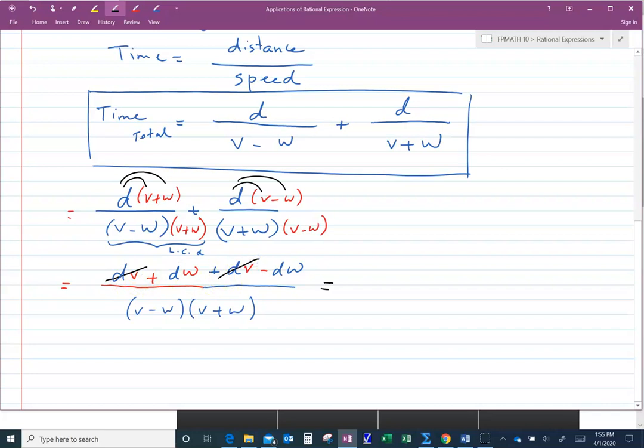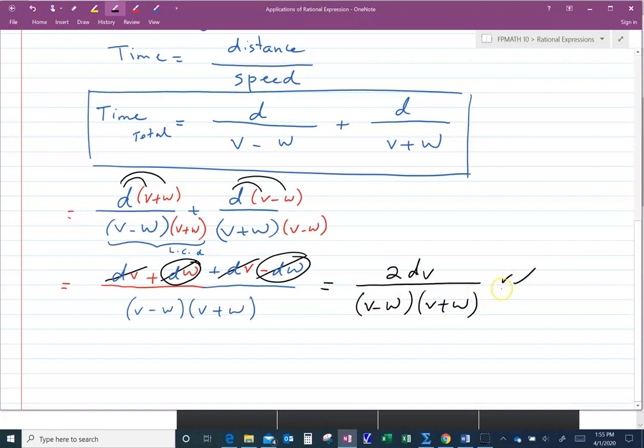How many dv's do we have? We have 2dv. We have dw minus dw, that's 0, so that cancels out. They neutralize, they become 0. And then the denominator is (v minus w)(v plus w).